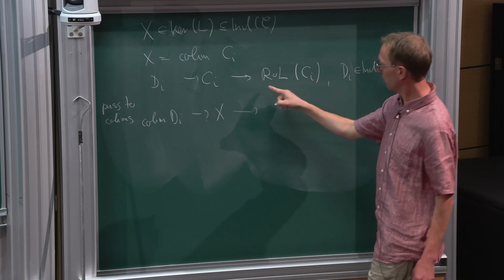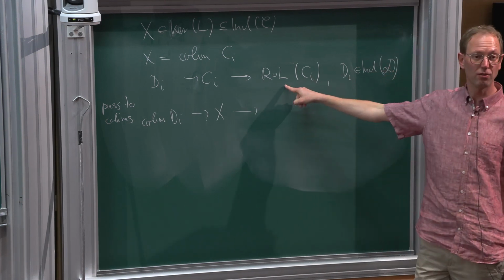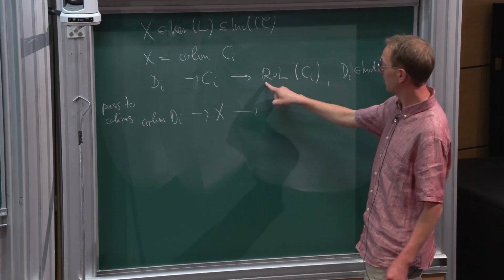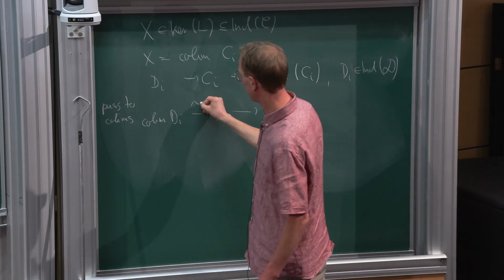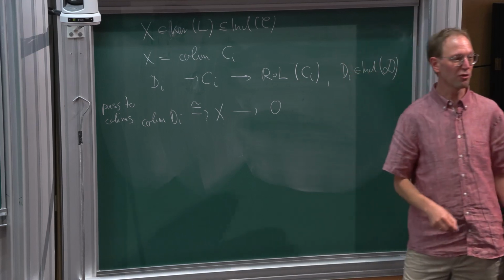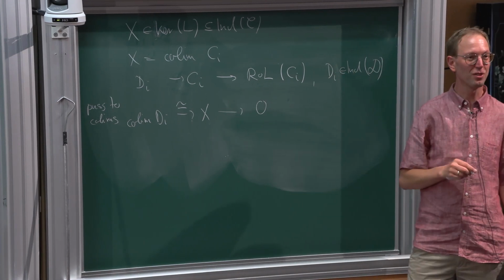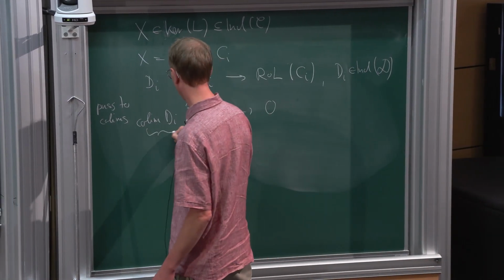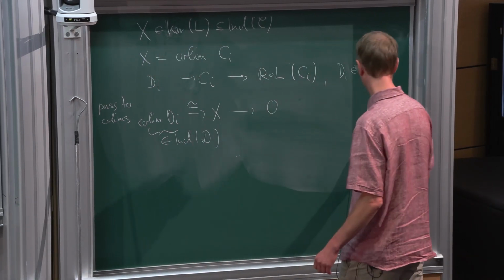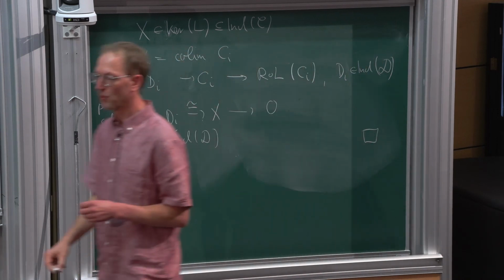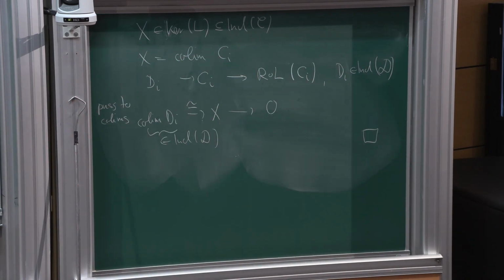Because both functors here commute with filtered colimits, this here precisely gives you R composed with L of x, but this is 0. So x is equivalent to this filtered colimit of things which were already in the Ind-completion, so this is also in the Ind-completion. Okay, so this proves this theorem. The point was mainly to show you that everything here is completely formal.